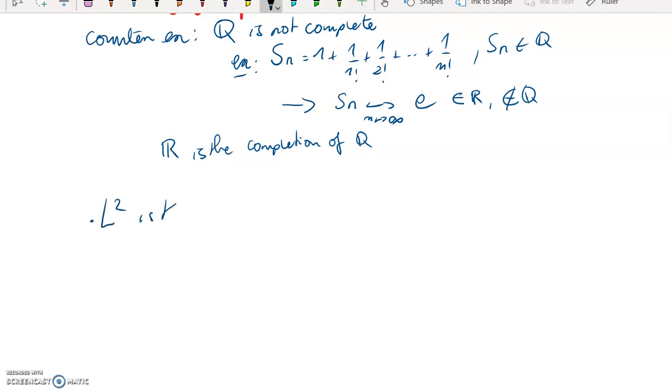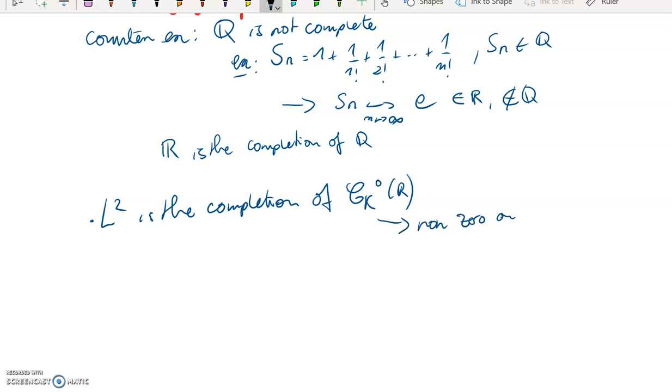L2 is the completion of the set of continuous functions C0 of R, and more precisely, I can say C0k of R, the set of continuous functions that are non-zero only on a compact set, which is just a closed and bounded set.